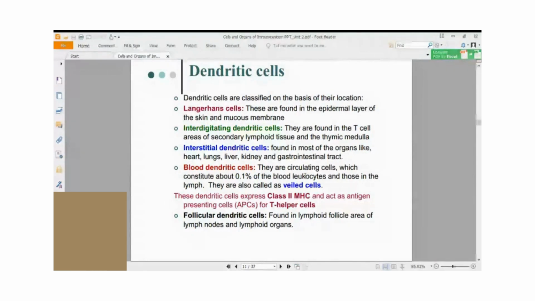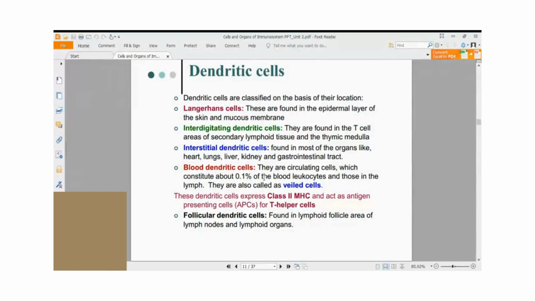And once they encounter the lymph node, because lymph nodes are drained by the blood, blood enters the lymph node and passes out of the lymph node in different regions of the body. As these veiled cells from the blood enter the lymph node, they take residence there. Now they are responsible for processing that antigen and presenting it to TH cells and the B cells.